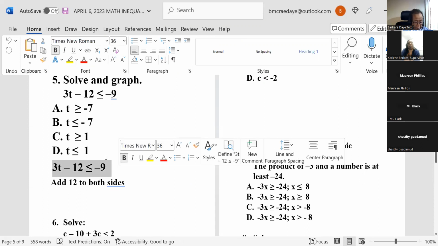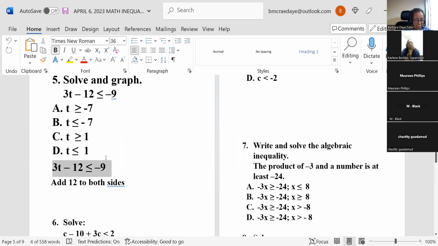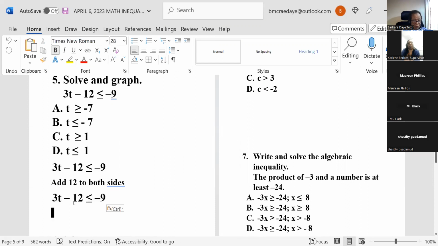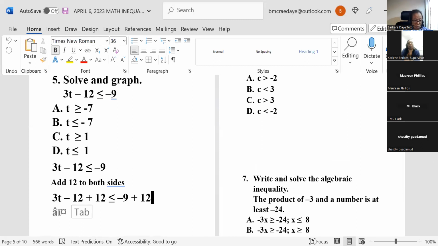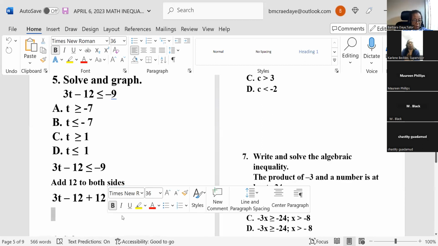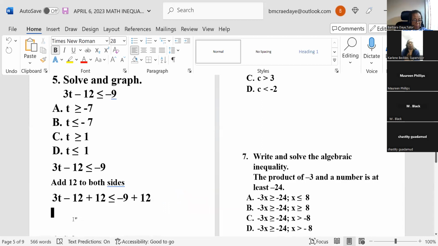Maureen, you got to remember the operations with the signs. Okay, so let's just put that add 12 to both sides. Let's put our plus 12 on the left and put our plus 12 on the right. All right, so what do you get on the left side, Maureen? 3T. 3T, very good.